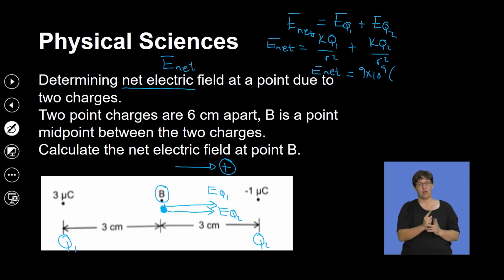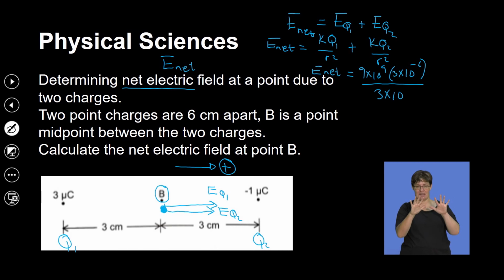So if we convert microcoulombs to coulombs, it will be 3 times 10 exponent negative 6, right? The distance is 3 centimeters. So we need to convert 3 centimeters to meters, which is 3 times 10 exponent negative 2. We square that distance. So this substitution is for E due to Q1.